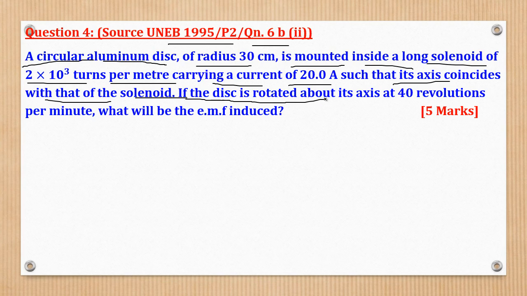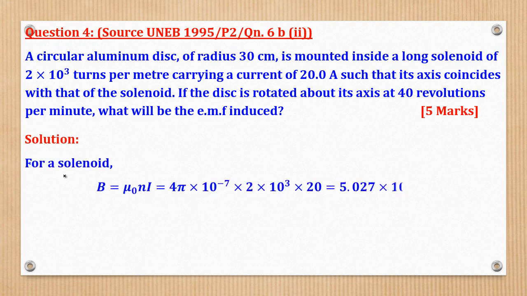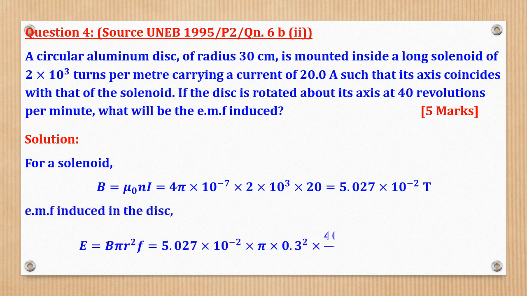If the disc is rotated about its axis at 40 revolutions per minute, what will be the EMF induced? So here, for the solenoid, you shall get the magnetic flux density, after which you can now get the induced EMF from B pi r squared F, which gives you this, and that's what they wanted.